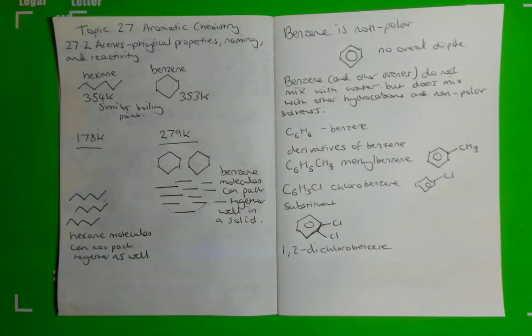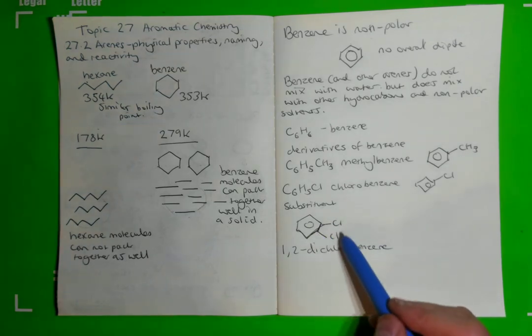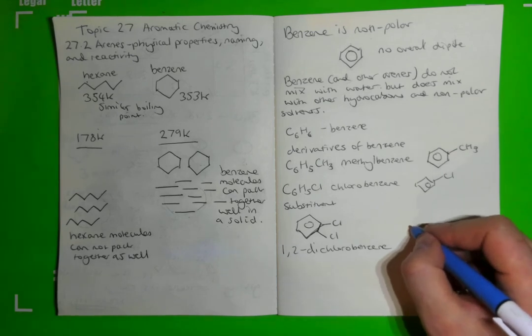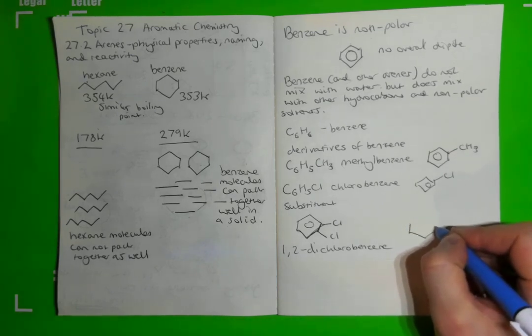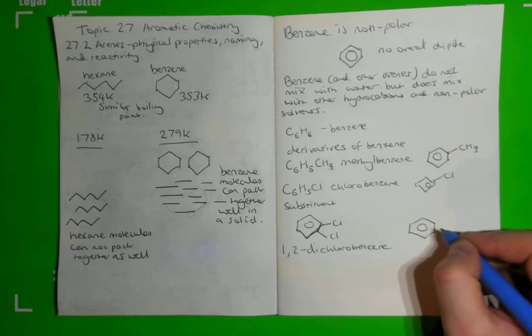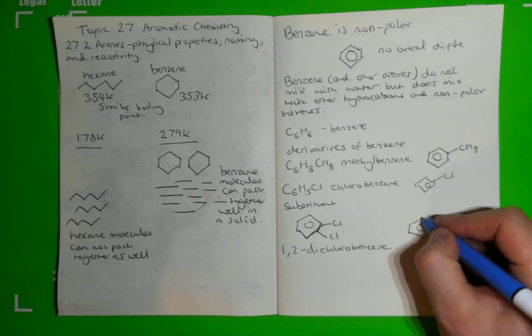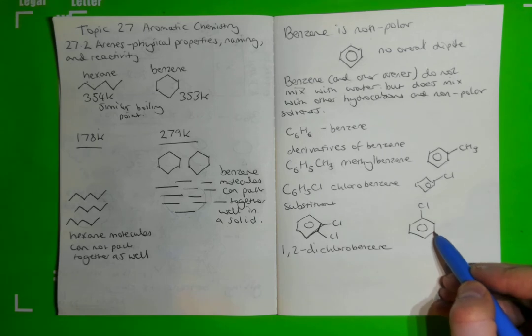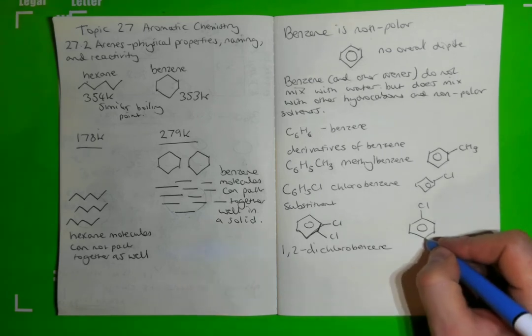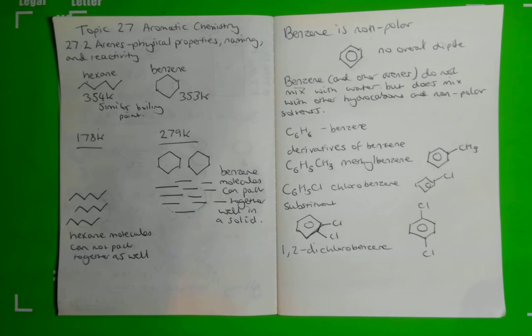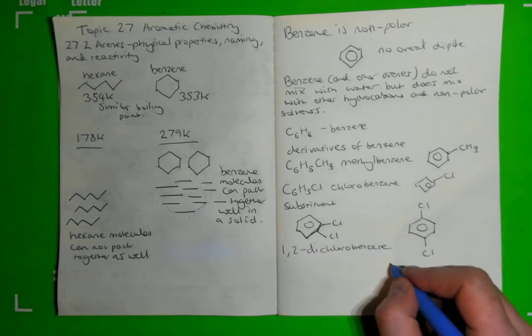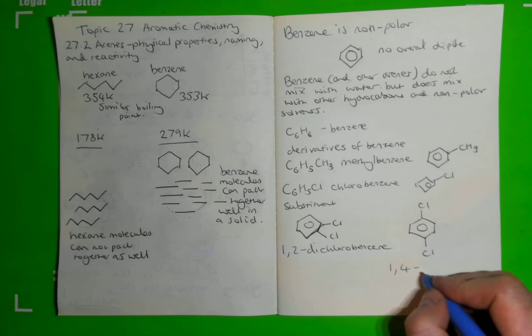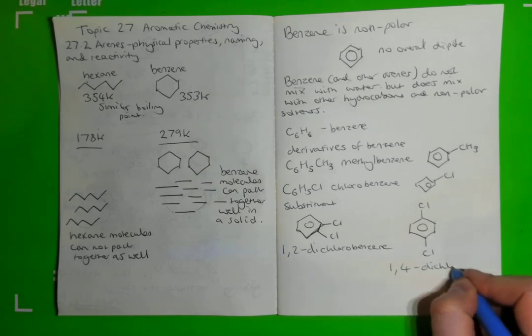So 1,2-dichlorobenzene. If we move the position of one of these chlorines, let's say we put one on the first carbon and then one on the second, third, fourth carbon here, then this is actually a different structure to this one here. This is 1,4-dichlorobenzene.